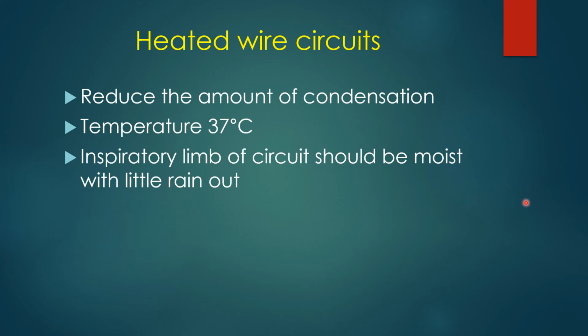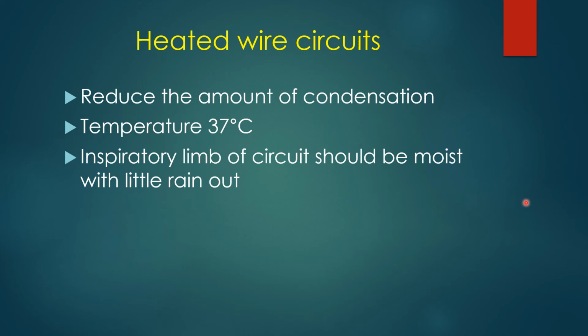And so the ventilator tries to maintain the temperature in the tubing at 37 degrees from the humidifier to the patient. That way there's no drop in the temperature, which would cause the air that is 100% relative humidity to rain out, because the cooler the air, the less water it can hold. So you get all this rain out.